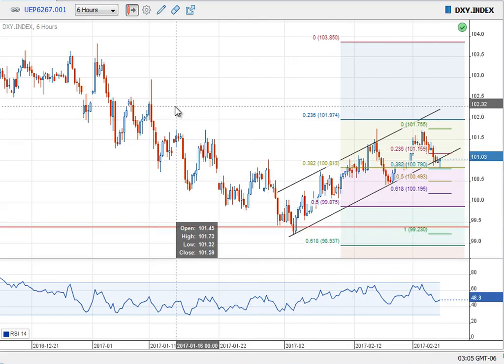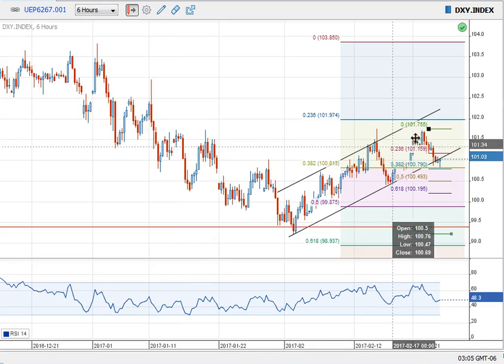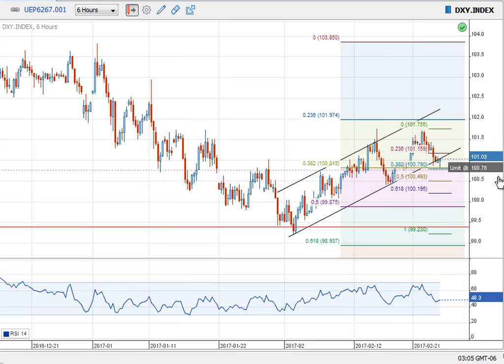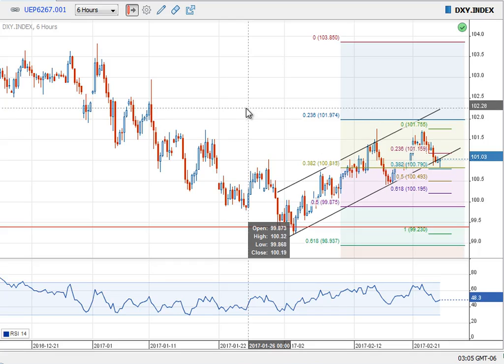So basically we were not looking to buy the US dollar. We were looking, or we are still looking, for sell opportunities, and right here at the 101 zone is where we are looking to start selling that dollar.